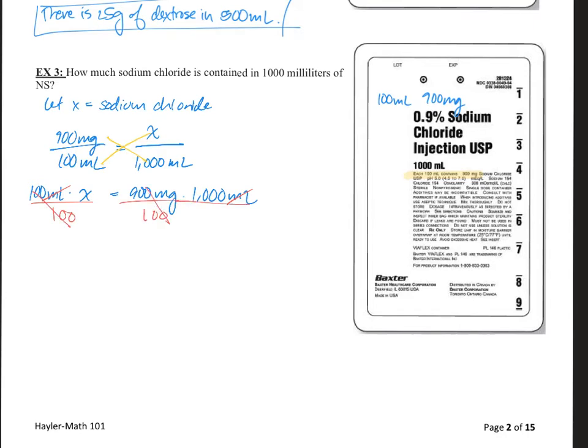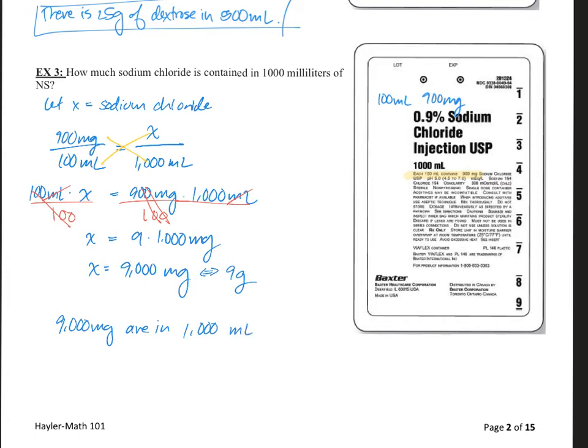When we do that, we can cancel out those 2's between the 100 and the 900, whereby x equals 9 times 1,000 milligrams, which is 9,000 milligrams, which is also the same as 9 grams. So we can say 9,000 milligrams are in 1,000 milliliters of NS.